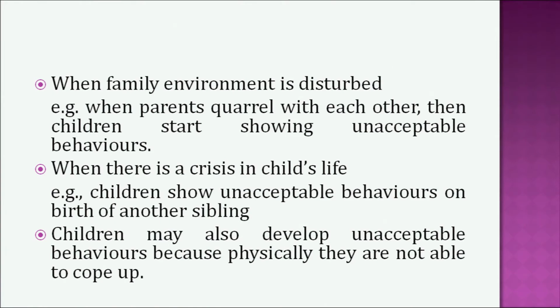They might feel that all the importance and attention is being taken away from the first child and given to the new sibling. Then also they might misbehave. Children may also develop unacceptable behavior because physically they are not able to cope with the demands of the situation around them. So, we need to be very careful about these little things about the children.